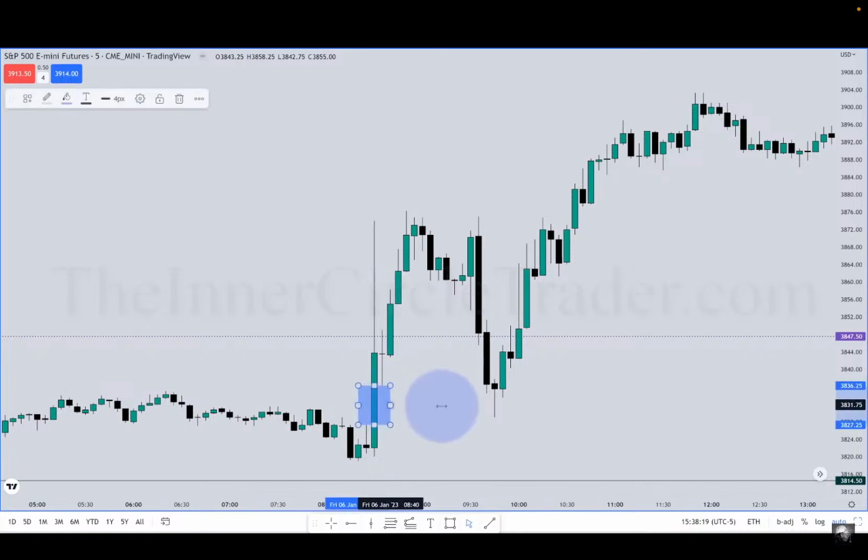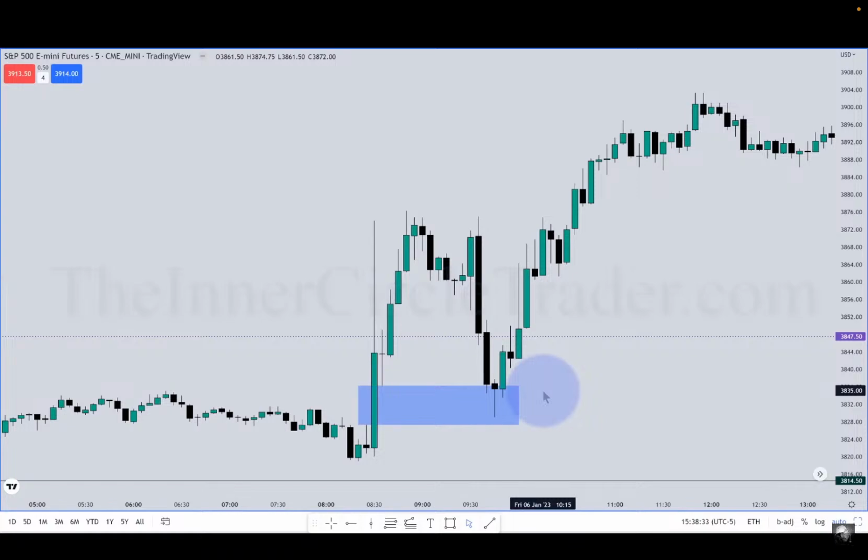So you can see how we went down into that area here, dipped into it, and then turned around and attacked these relative equal highs. Now, before I drop down into the 1 minute chart, I want to take you through this thought process. Right about in here, I tweeted and said, note 3814, because we could have easily spiked back down through here, cleaned this area up, ran the stops on anyone that was long with stop losses below that old 15-minute low.